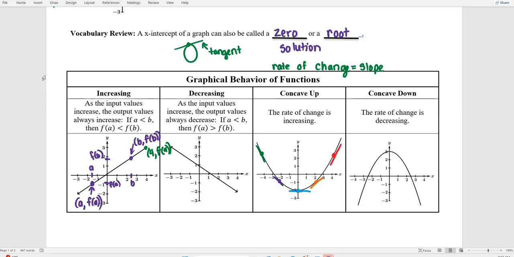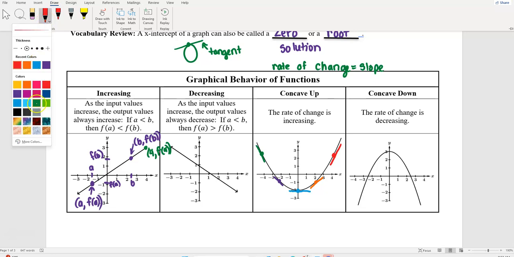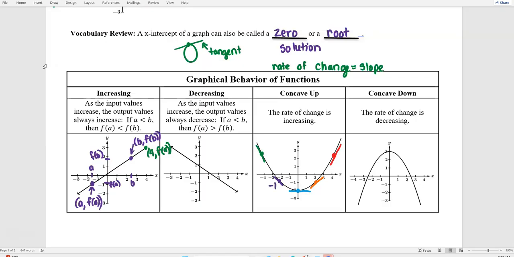One way we can talk about how steep a graph is, is to talk about the steepness of that tangent line. If your graph is concave up, look at what's happening right here. I'm going to make a guess. That purple line right there is pretty close to a slope of -1. This is a guess, right? It's about -1.